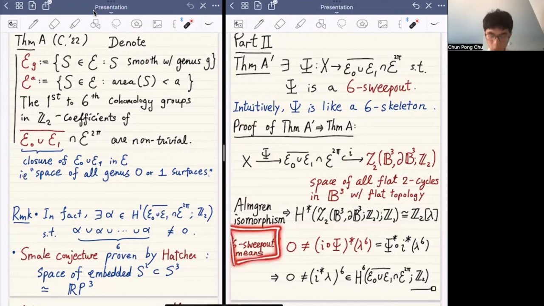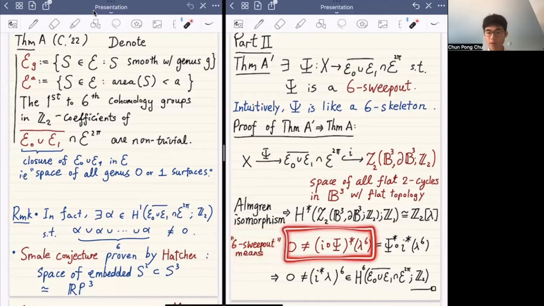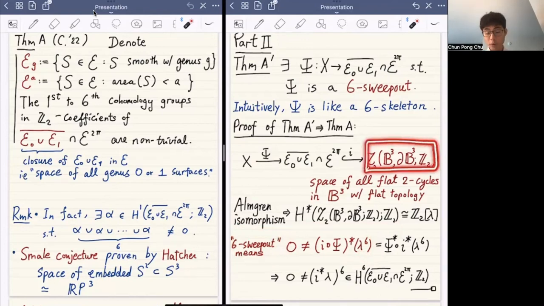Now, the term 6-sweepout means that this condition is true regarding psi. So if you pull back lambda to the 6th power, which is something in the cohomology of this space, we pull it back to X. If the pullback is non-zero, then we call psi a 6-sweepout. So this is the definition of a 6-sweepout. And we will later show how we construct this psi exactly.